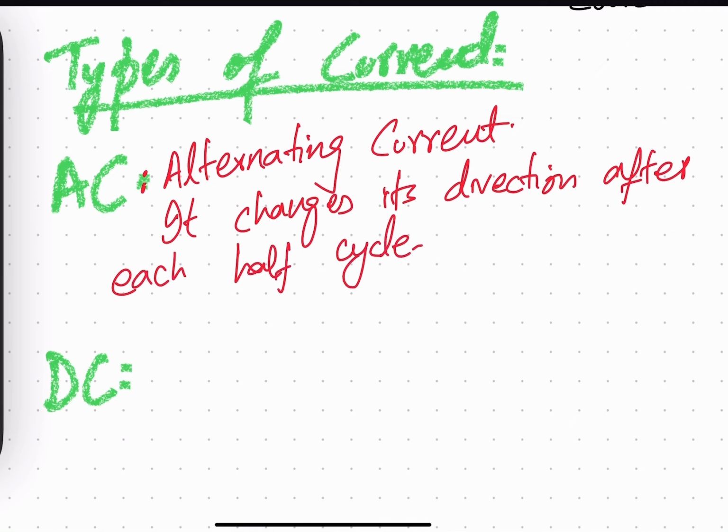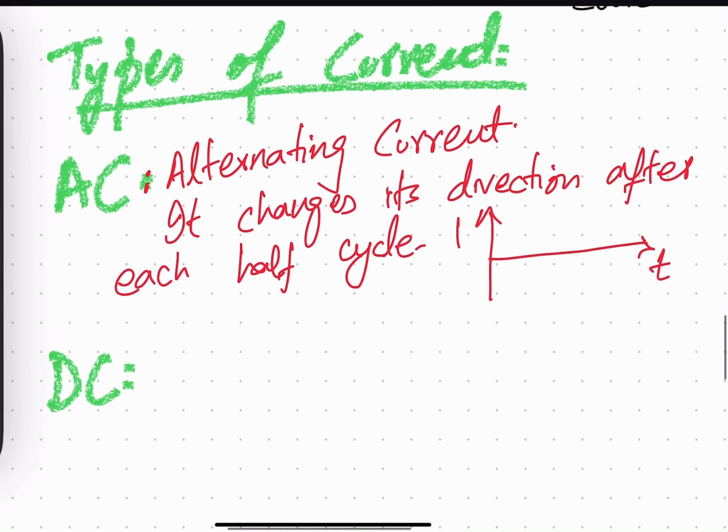If it is moving in a clockwise direction in the half cycle, then in the next half cycle it will be moving in the anti-clockwise direction. If we plot it, with time on the x-axis and current on the y-axis, the graph will be sinusoidal, with a positive side and a negative cycle as well: positive, negative, positive, negative.